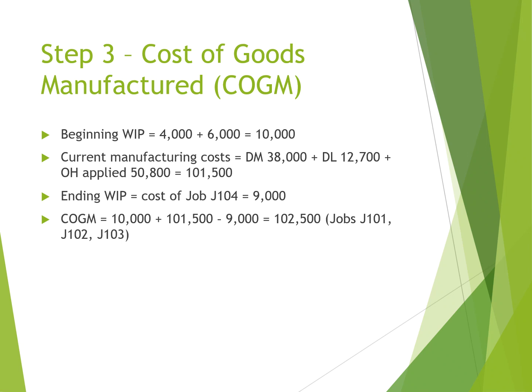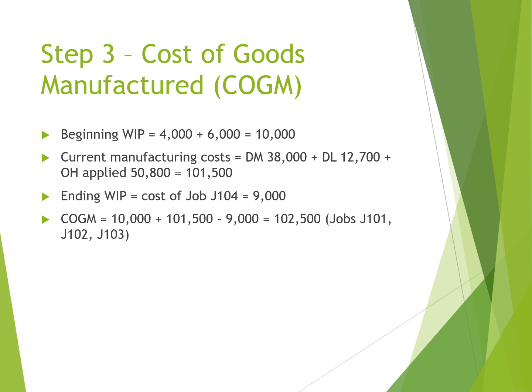Current manufacturing costs include direct materials used of 38,000, direct labor of 12,700, and overhead applied of 50,800. Add those three and you get 101,500. Ending work in process is the cost of the one job that's still in process, J104, at $9,000.